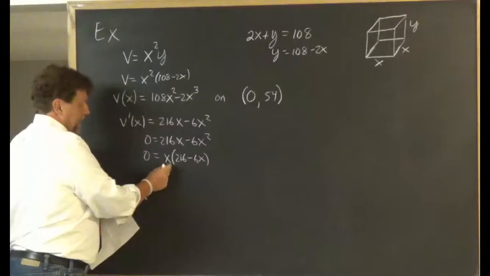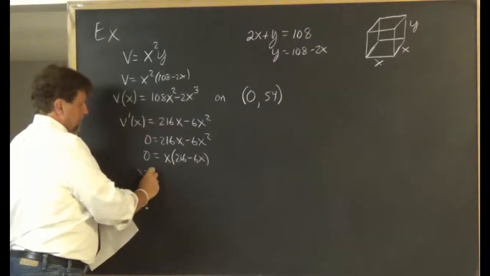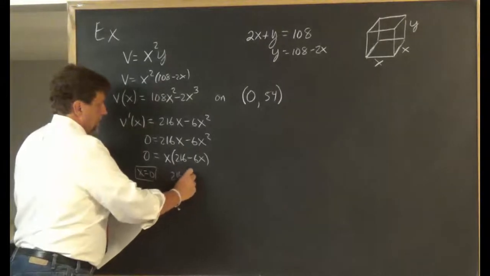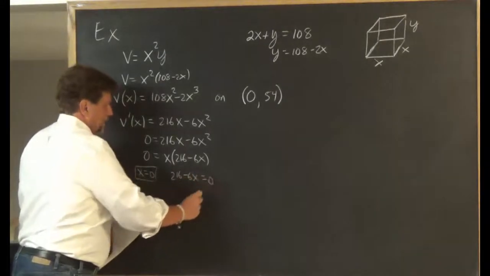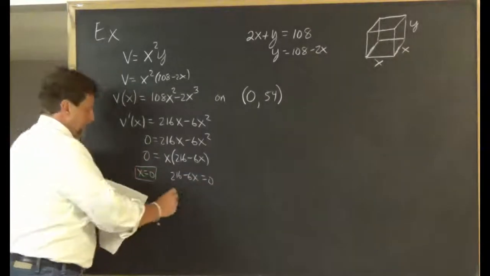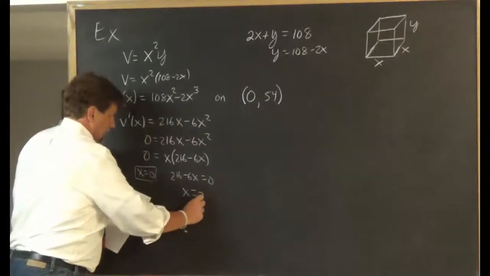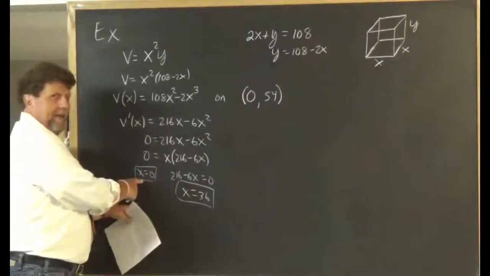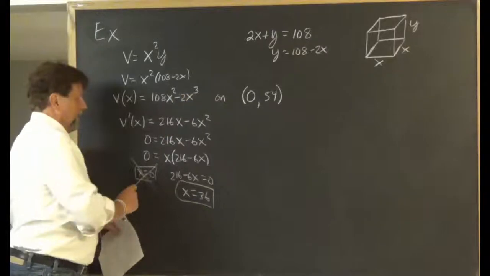And I set each factor equal to 0, so we get x is 0, or 216 minus 6x is 0. So, add 6x to both sides, divide both sides by 6, we get x is 36. Okay, this one doesn't make any sense. It's not in our interval, so I don't care about it.